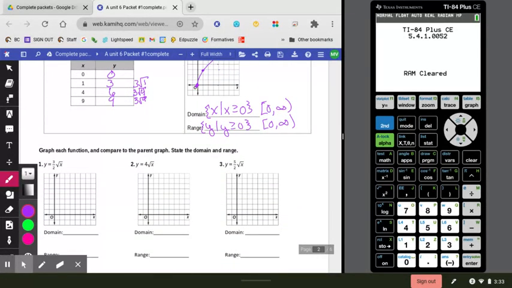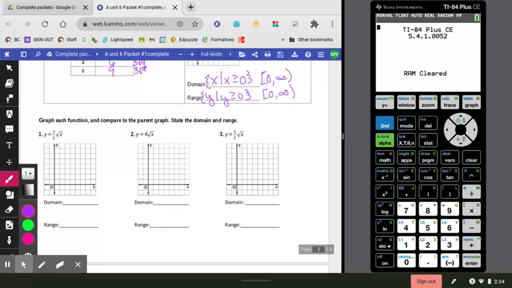So, graph each function and compare to the parent function. State the domain and range. So this is stretched vertically. So here, again, we make a table. And again, I'm taking the square root of x, so I'm going to choose perfect squares. 0, 1, 4, 9.